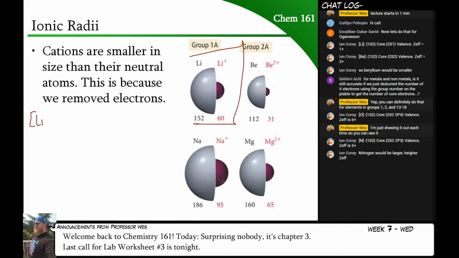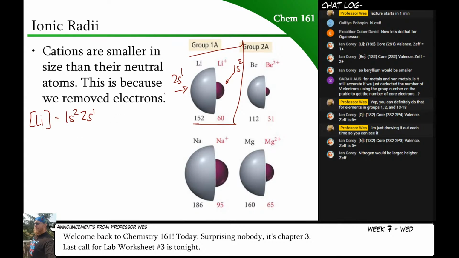Let's look at lithium. I'm going to write out its electron configuration. On the left, I have an electron in the 2s orbital, but on the right, I only have an electron in the 1s orbital. 2 electrons in the 1s orbital, actually. So let's just indicate that.